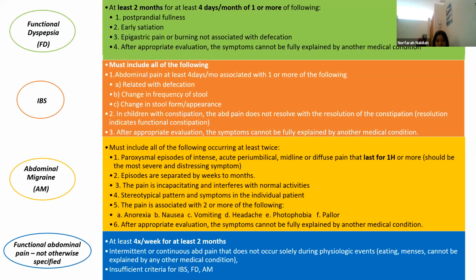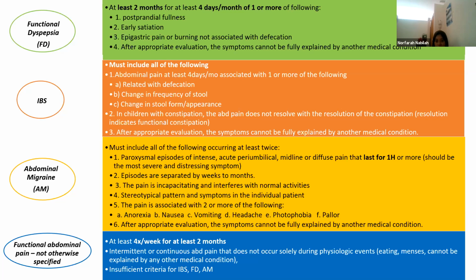Okay, so these are the diagnostic criteria for the different groups of abdominal pain-related functional gastrointestinal disorders. To make functional abdominal pain as a diagnosis, we need to exclude these three other functional gastrointestinal disorders. The first one is functional dyspepsia.